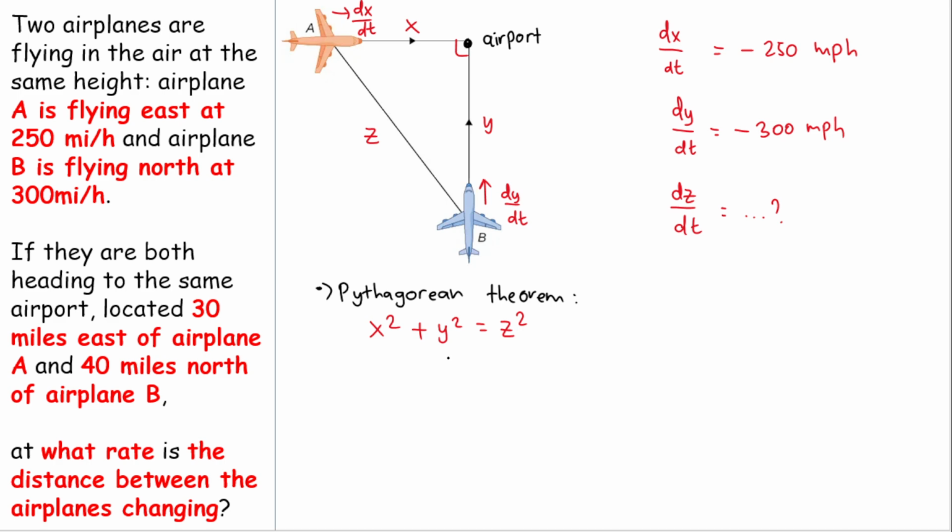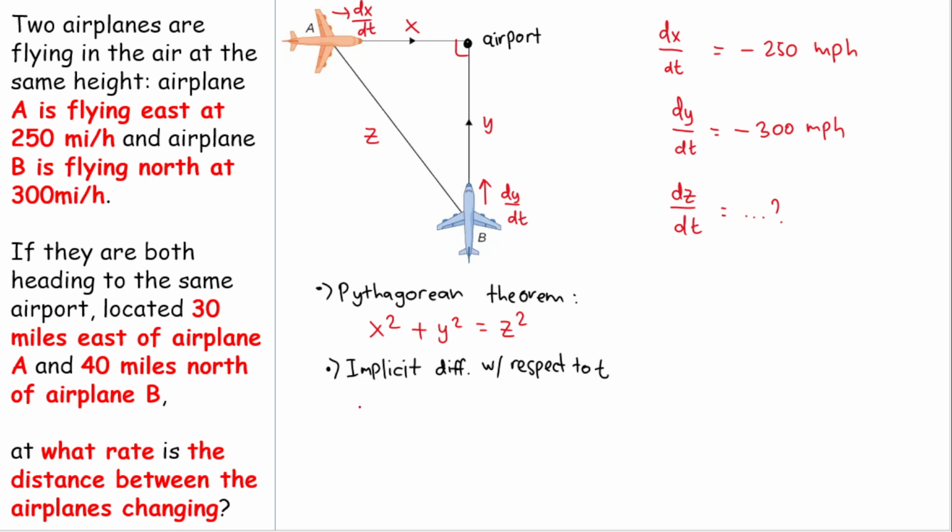So all that we need to do is take implicit differentiation with respect to time.